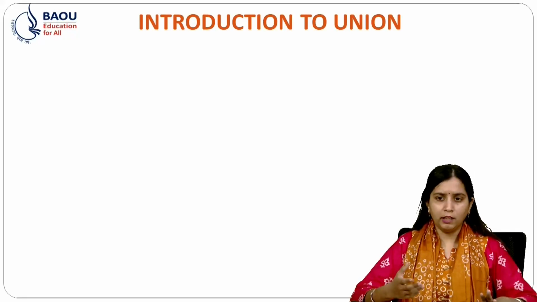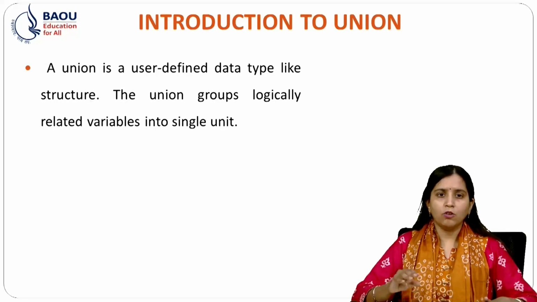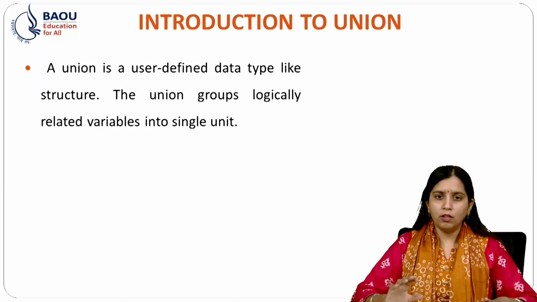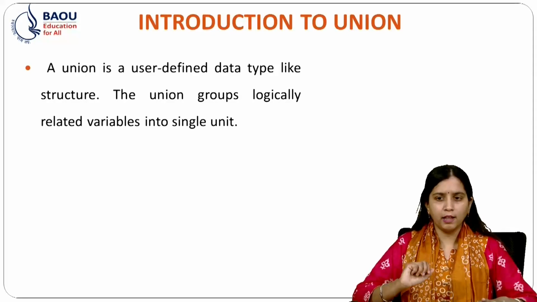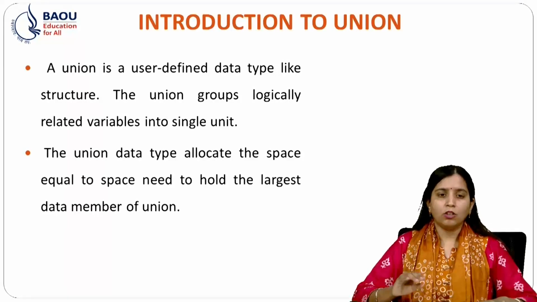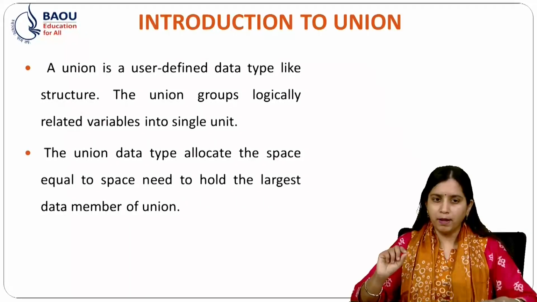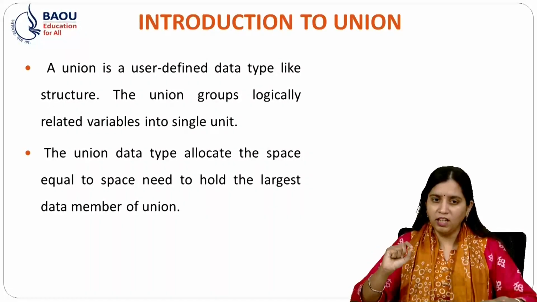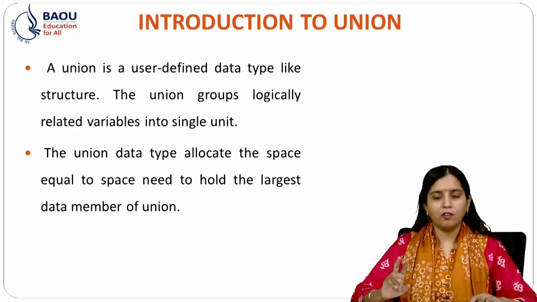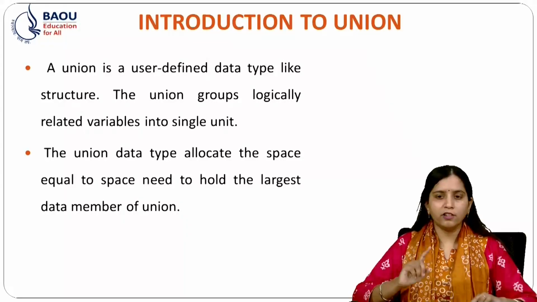Union in detail. So, union is a user-defined data type like structure. Union groups logically related variables into a single unit, likewise structure. So, the union data type allocates the space equal to the space needed to hold the largest data member of union. So, this is the basic difference of union and structure.